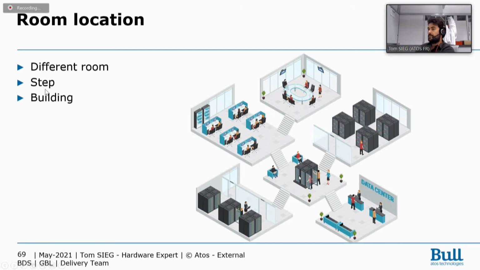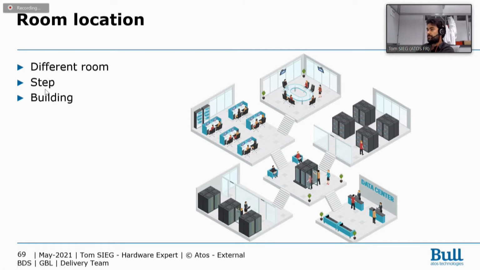It's not a good idea, because some people will easily have physical access to your servers and the possibility to change, hack, or steal data, etc. So it's not really good. Also, you have to control the cooling of this room, or at least the cooling of those racks, and that could be not really easy.